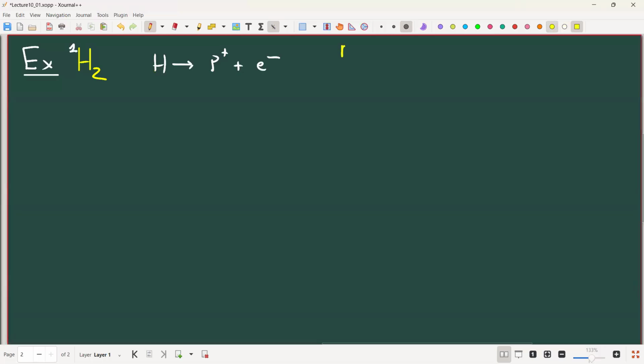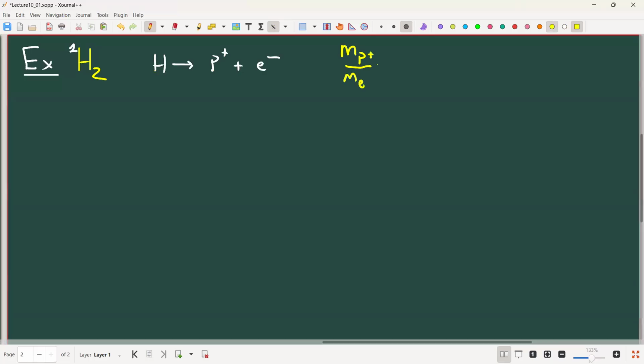I'll just write that over here on the side. The mass of the proton divided by the mass of the electron is about 1800. The proton is almost 2000 times heavier than the electron. Right? So we have these two massive objects, and we have these two really tiny electrons. Actually, they have no size, and they have much less mass, just buzzing around.